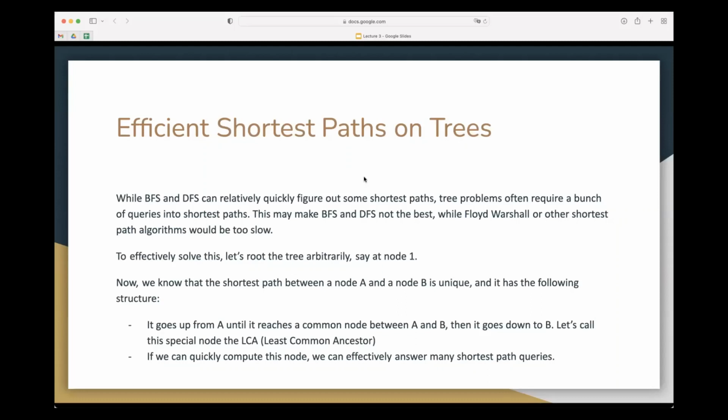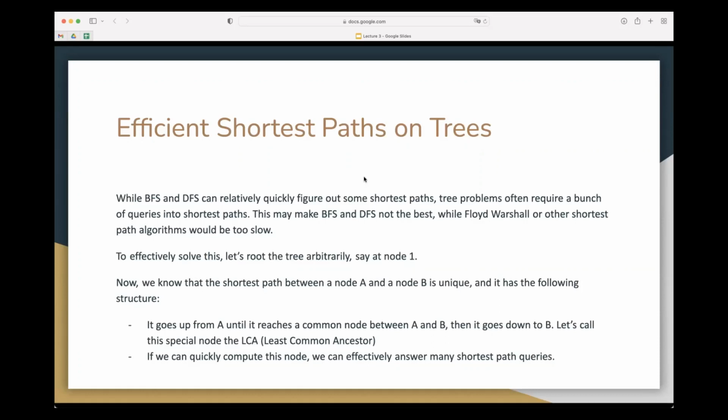How we would root this tree is, instead of having normal edges, our root is the root node of the tree. And then for every node with an edge going to the root, we say that the parent of that node is the root. Then if you go further into its children, you say that the parent of those children is that node, and so on and so forth.